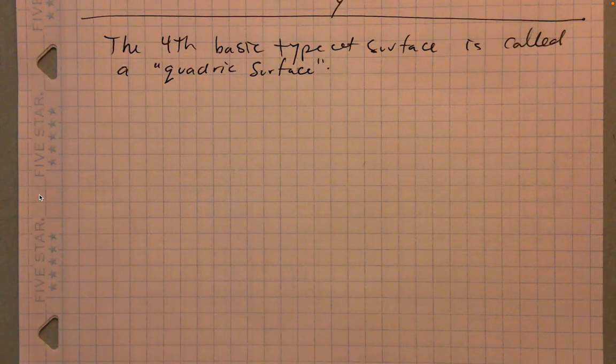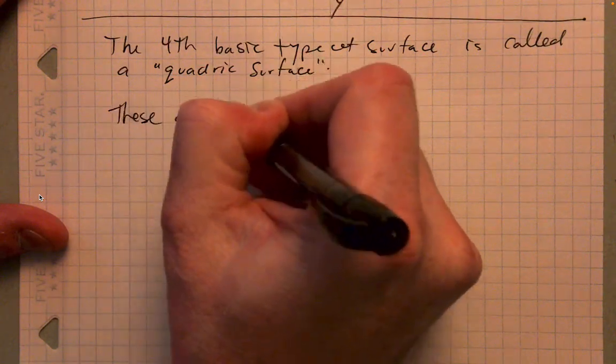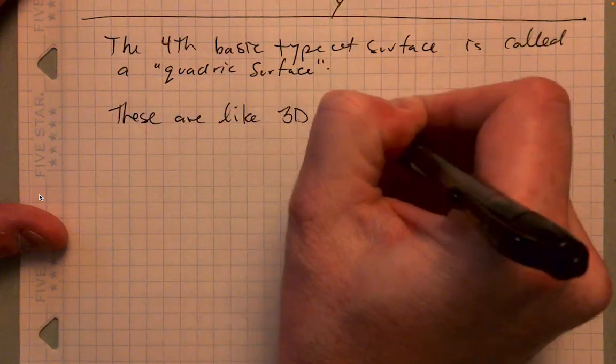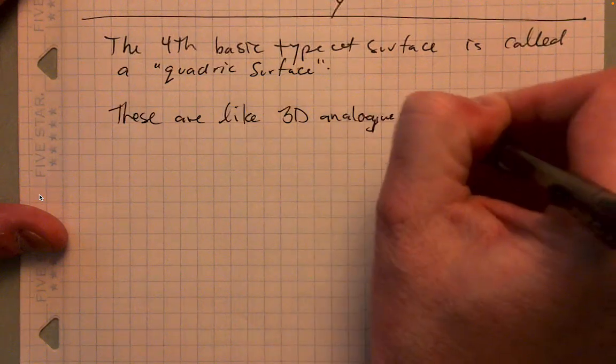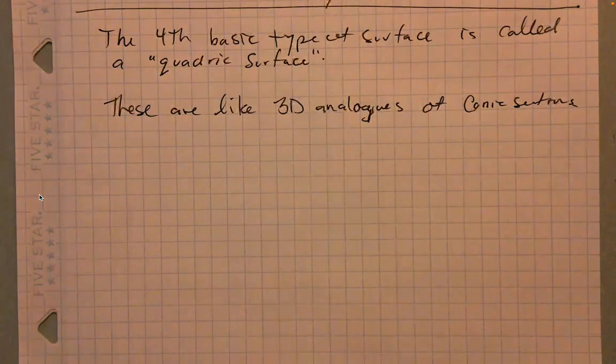Now, the best way to think about quadric surfaces is that they're basically the 3D analogs of the familiar conic sections. And so remember the conic sections, you've got hyperbola, ellipse, circles, that kind of stuff. And so these are like 3D analogs of those two-dimensional shapes that we're used to looking at.